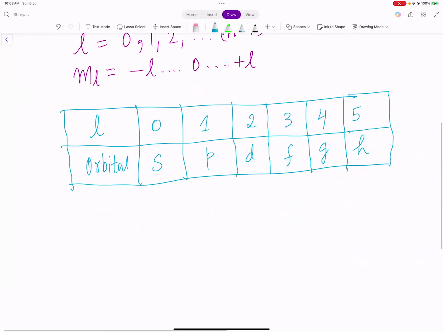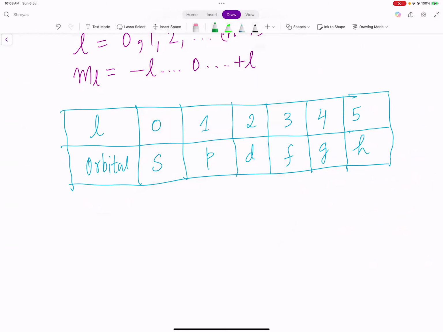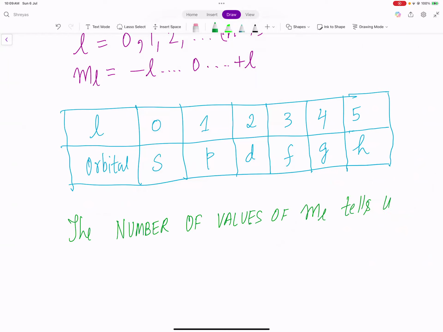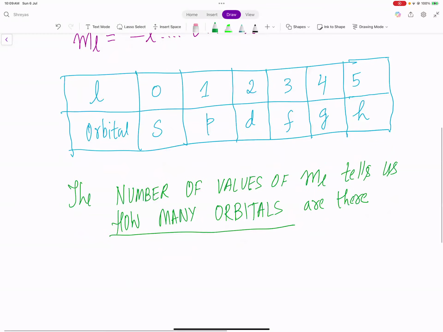Now you see, then we said that the number of values of ML tells us how many orbitals there are.